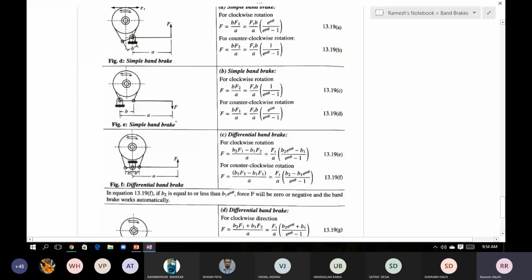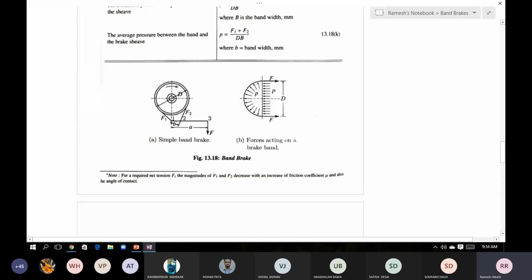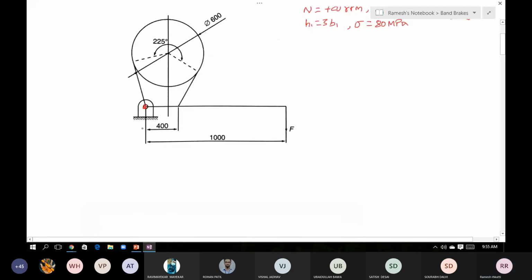After saying this, you need to design the brake lever of rectangular cross section. Otherwise, I will write down what we mean by H1 and B1.